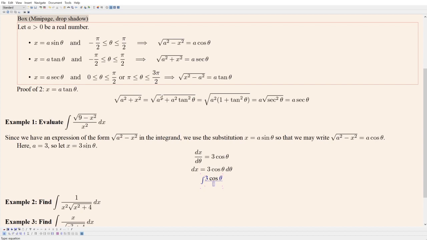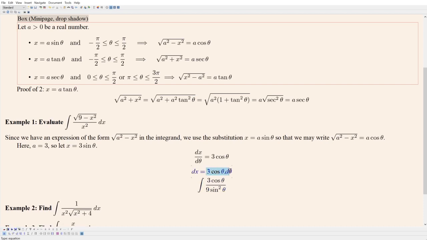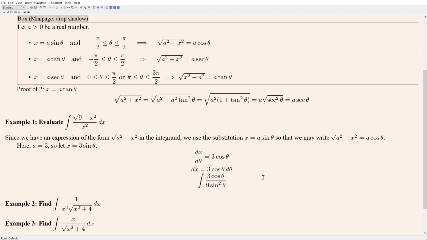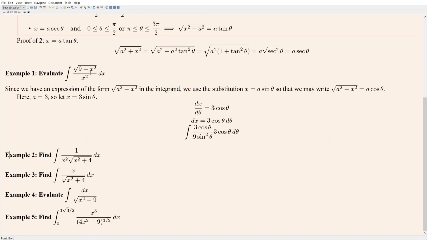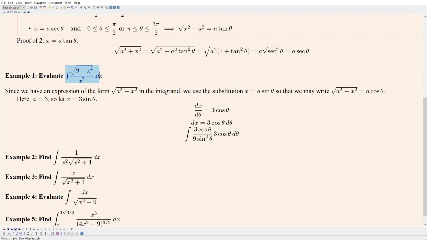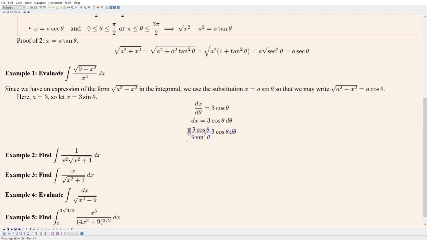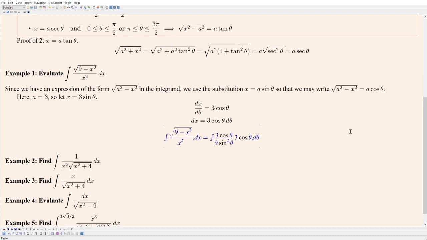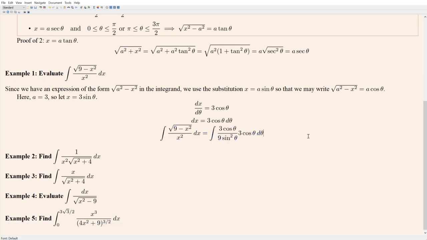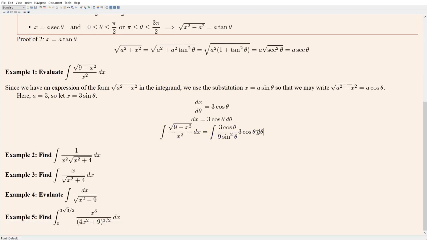So x squared becomes 9 sine squared theta. And then instead of dx, I write all of this. So this is what we end up with after plugging in the substitution.